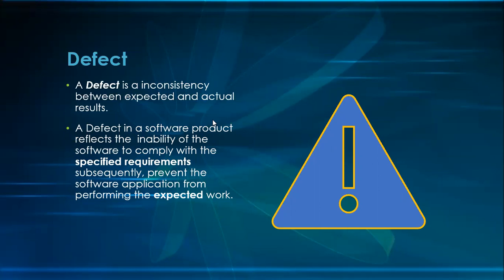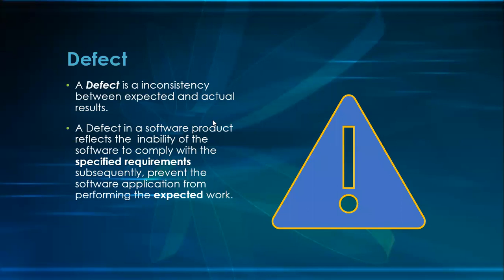So, the application we are working on now is the pen writing application. If our pen is not working, if it's not performing as it's meant to perform, then we raise it as a defect.